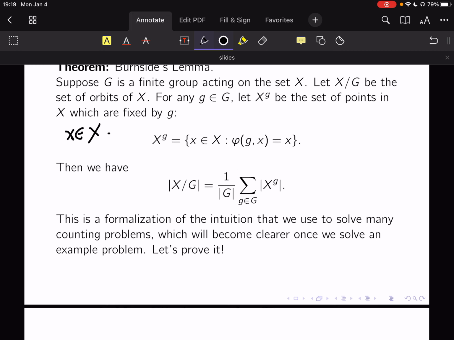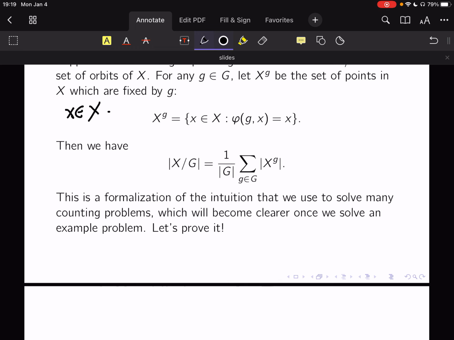This may seem really complicated, but this is more of a formalization of the intuition that we use to approach certain counting problems. I think that will become clearer once I actually solve an example problem and show you. But for now, let's move on to proving Burnside's.